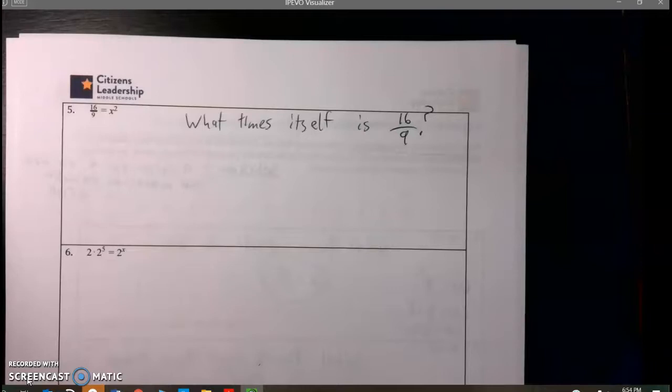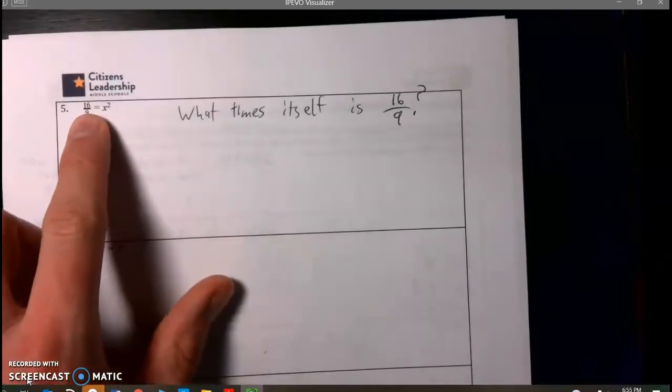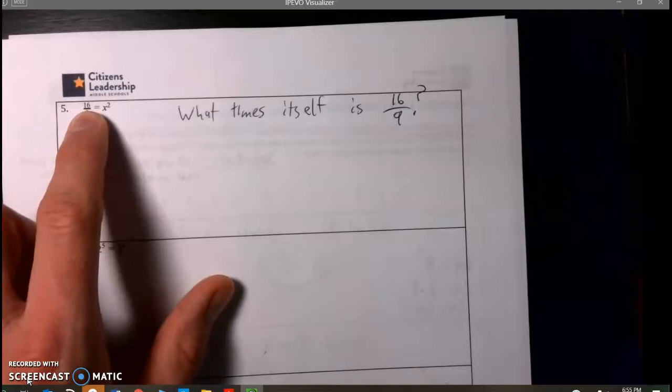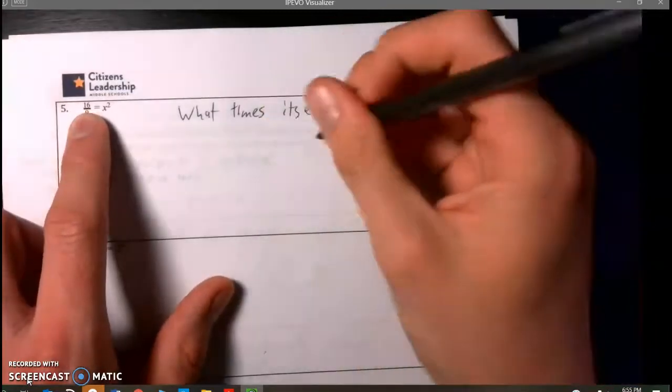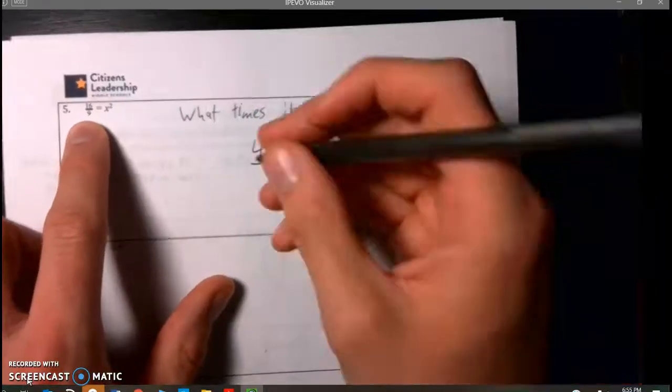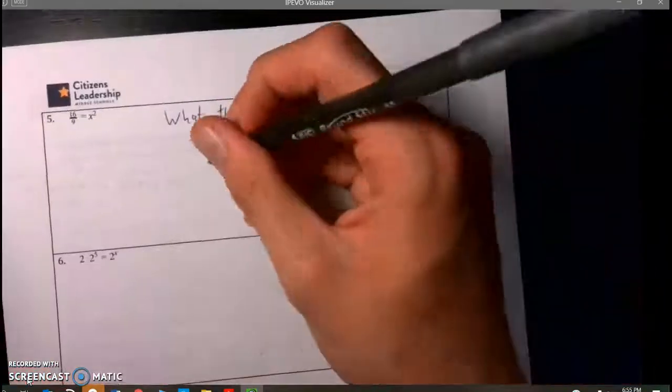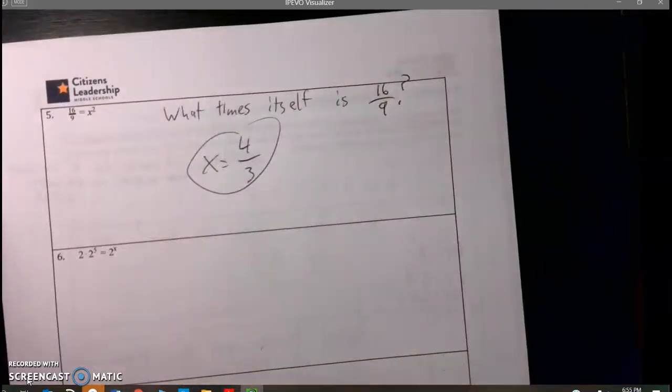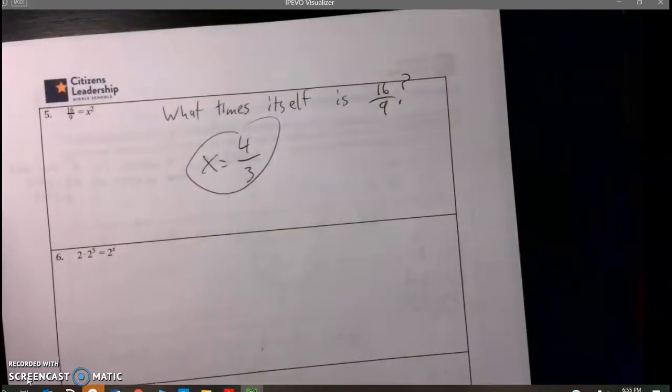But remember, fractions and exponents really aren't that stressful because they function just like whole numbers do. So we can say what times itself is 16. Well, 4 times itself is 16. And what times itself is 9? 3 times itself is 9. So x has to be 4/3.